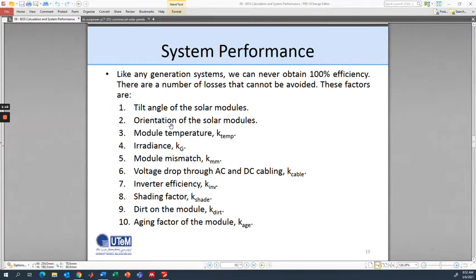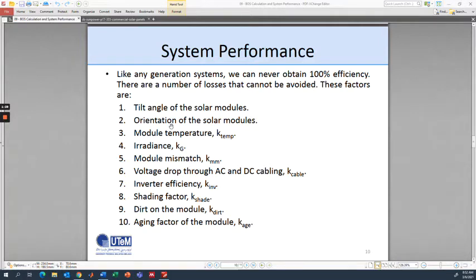Of course, once we fix the solar module at a certain position, there will be some fluctuation, some differences in the amount of irradiance it receives throughout the day and throughout the year.